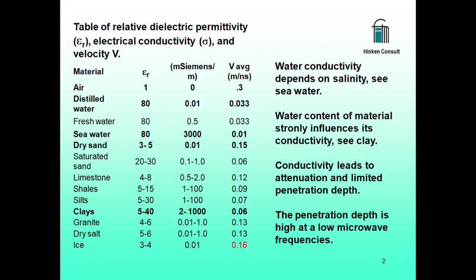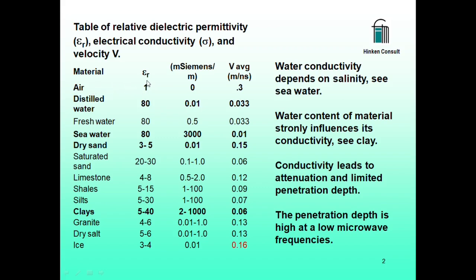But before doing this, let's look at the properties of typical ground material. We will only look at a few of these values which are given here. Let's look at columns 1, 2, 3, that is material, permittivity, and conductivity.